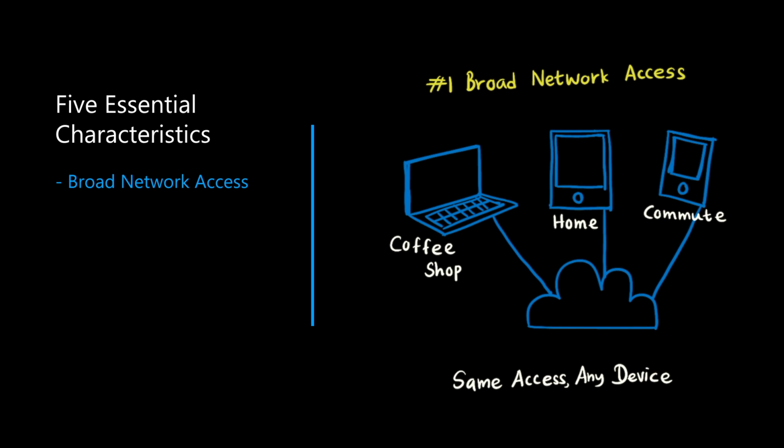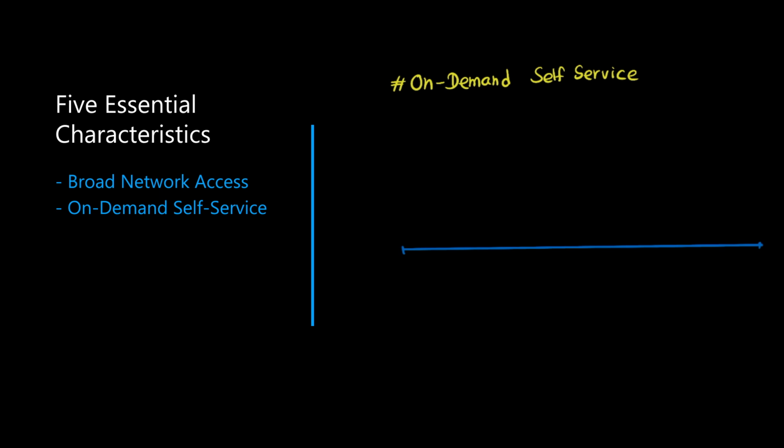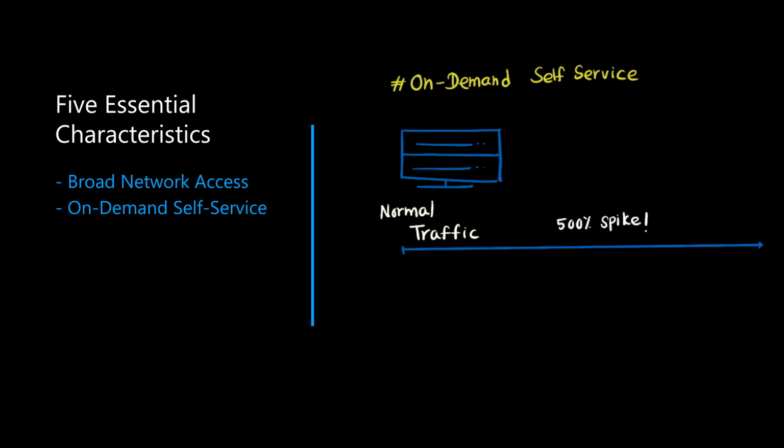to ensure consistent availability. The second characteristic is on-demand self-service, and this is where cloud computing really shows its power. Picture this scenario: your online retail company suddenly experiences a viral social media moment, and traffic to your website increases by 500% overnight.